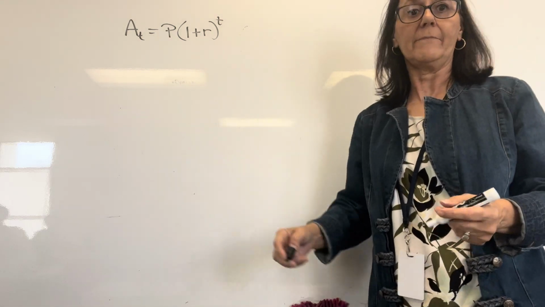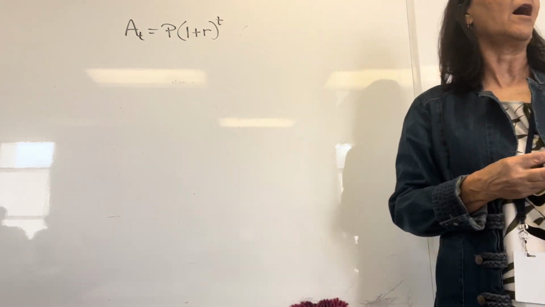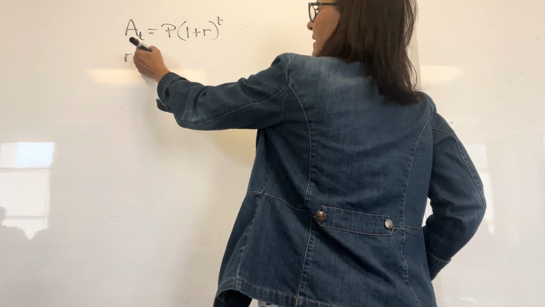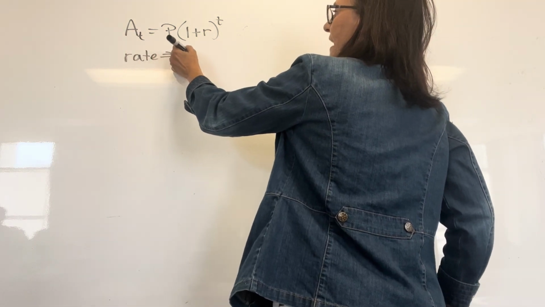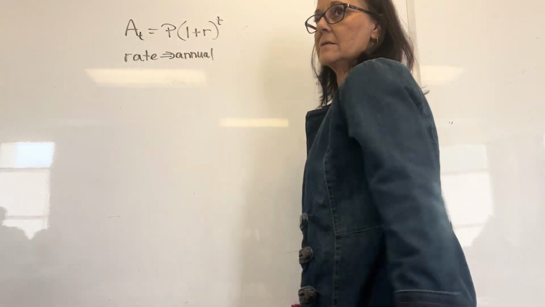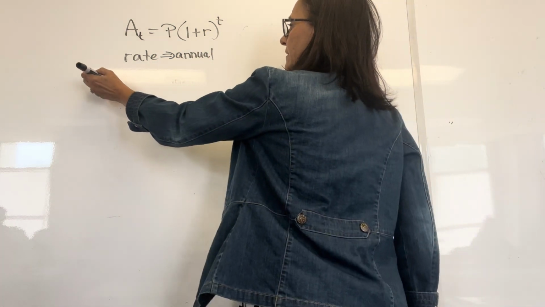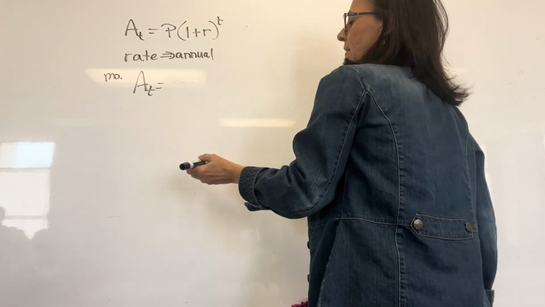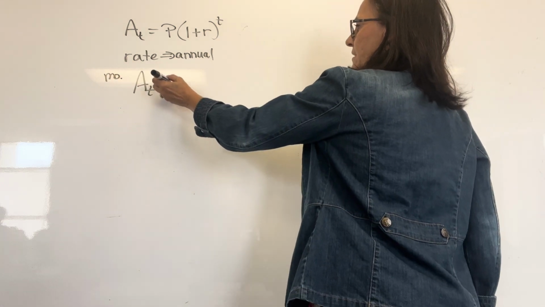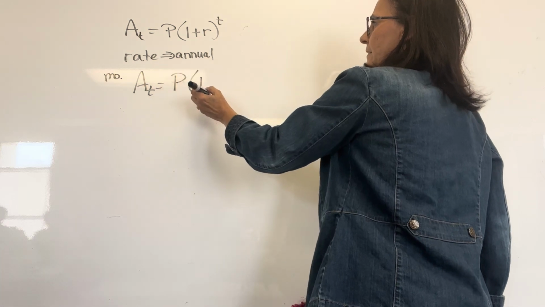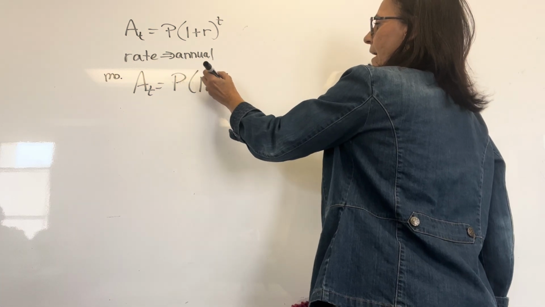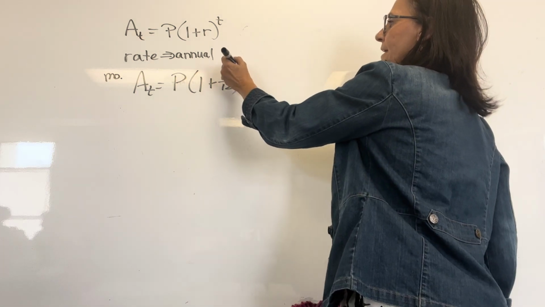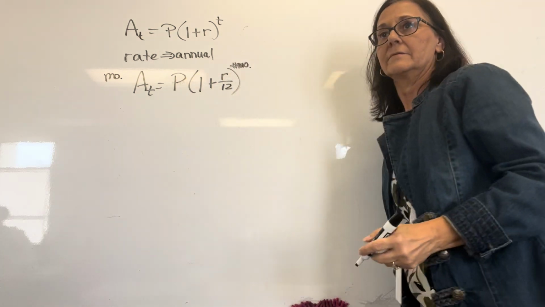That's for annual compounding. What if it were monthly compounding? The rate is always given as an annual rate, always. So for monthly compounding, the amount over a specific period of time equals the principal times 1 plus the rate divided by 12, raised to the number of months.